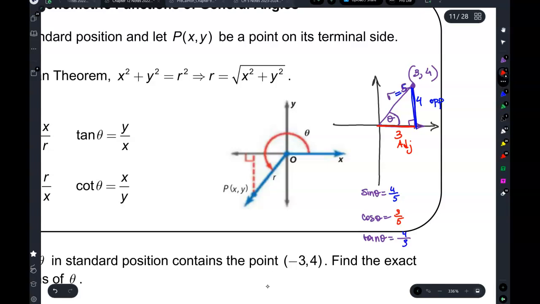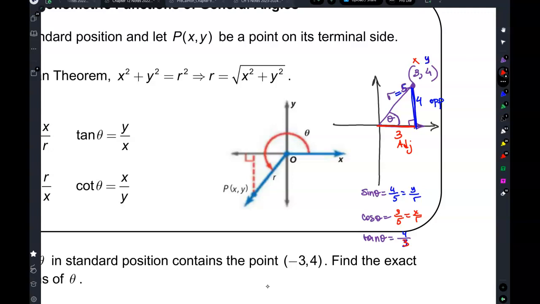So in other words, if this is the x coordinate and this is the y coordinate, then the sine is the y coordinate over that number r. So the sine is y over r. What about the cosine? x over r.